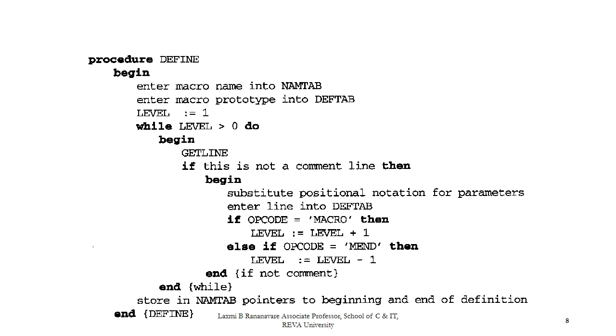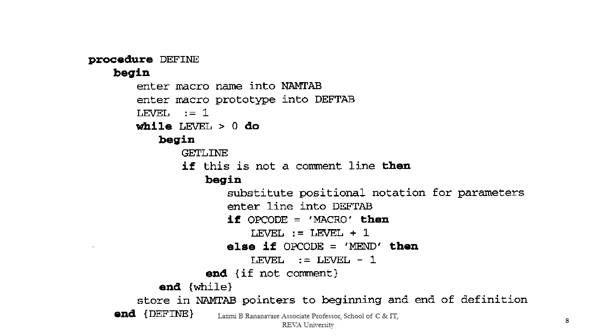Okay, so in this define procedure, we are going to store the name of the macro in the name tab, along with the starting address of that macro definition as well as the end address of that macro definition. So 3 entries are made in the name tab: the name of the macro, followed by the starting address and the ending address of the macro definition.